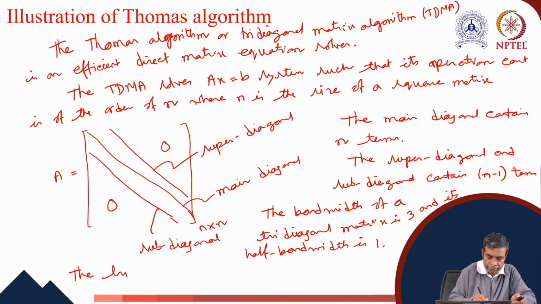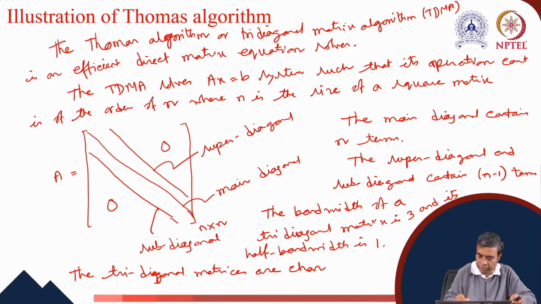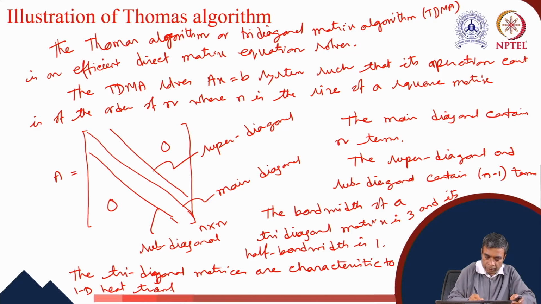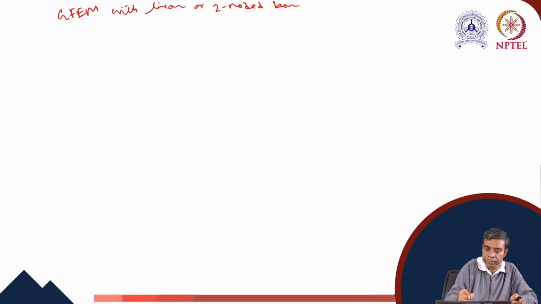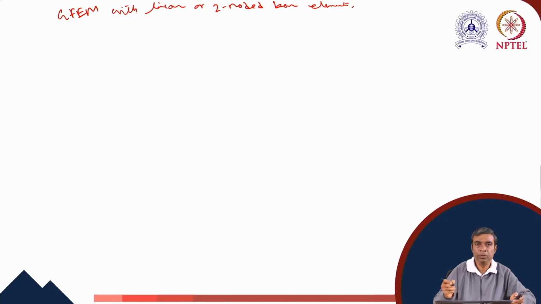The tridiagonal matrices are characteristic to one-dimensional heat transfer and fluid flow problems using Galerkin finite element formulation with linear or two-noded bar elements.